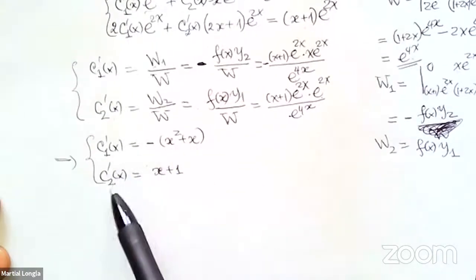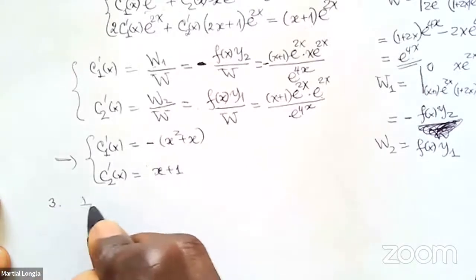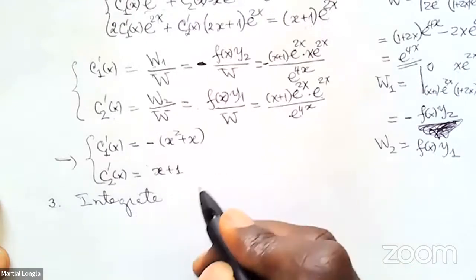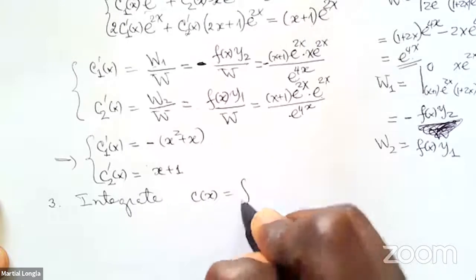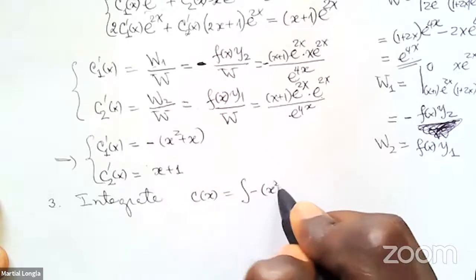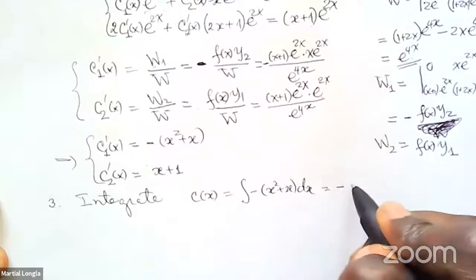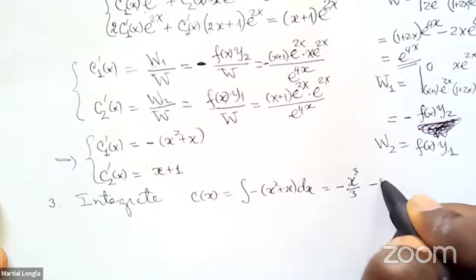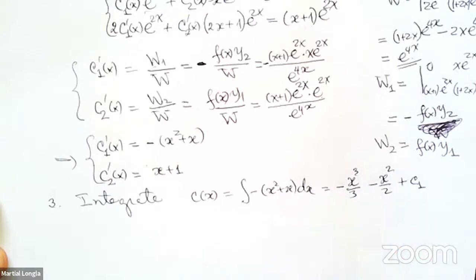You got c1 prime of x, you got c2 prime of x, and in your third step, you integrate. And so here, you're gonna get c1 of x is the integral of negative x squared plus x dx. That's negative x cubed over 3 minus x squared over 2 plus a constant.